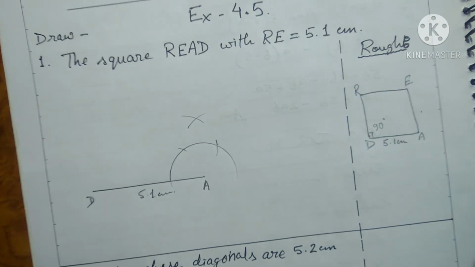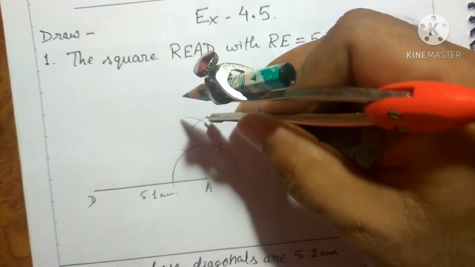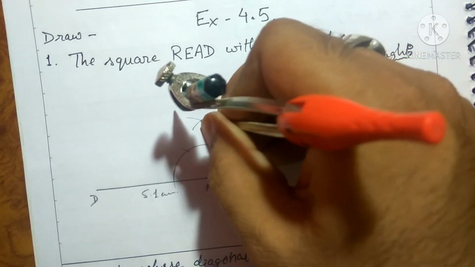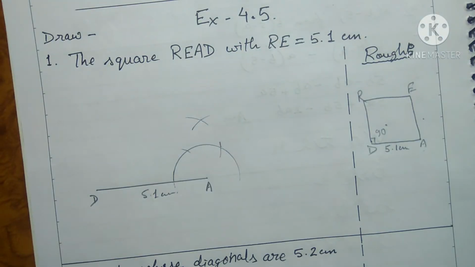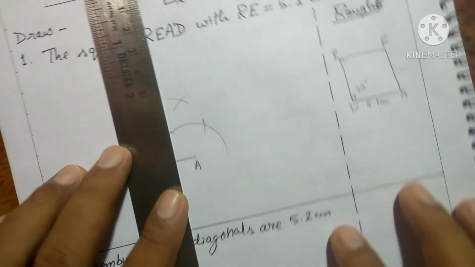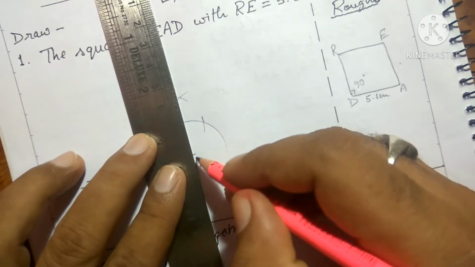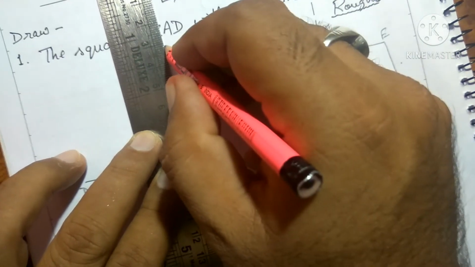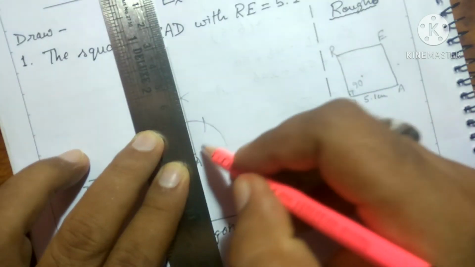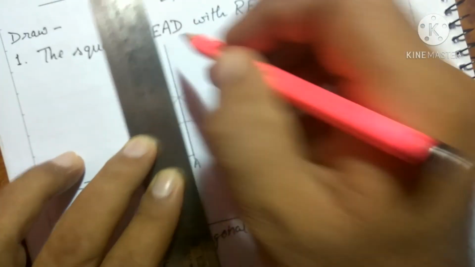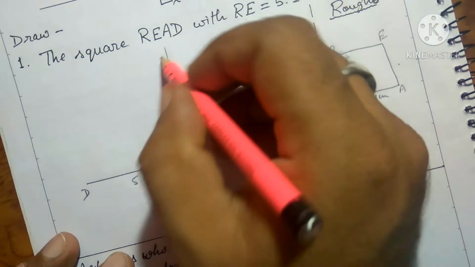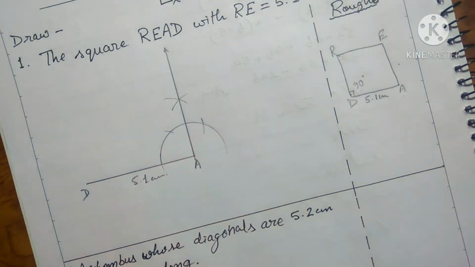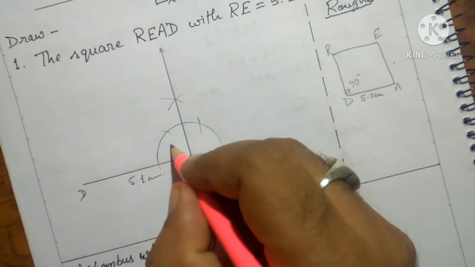So this point is 90 degree, make it a little bit impressive, and then join these points, and from this point draw a ray. So after that this is 90 degree, as we know.